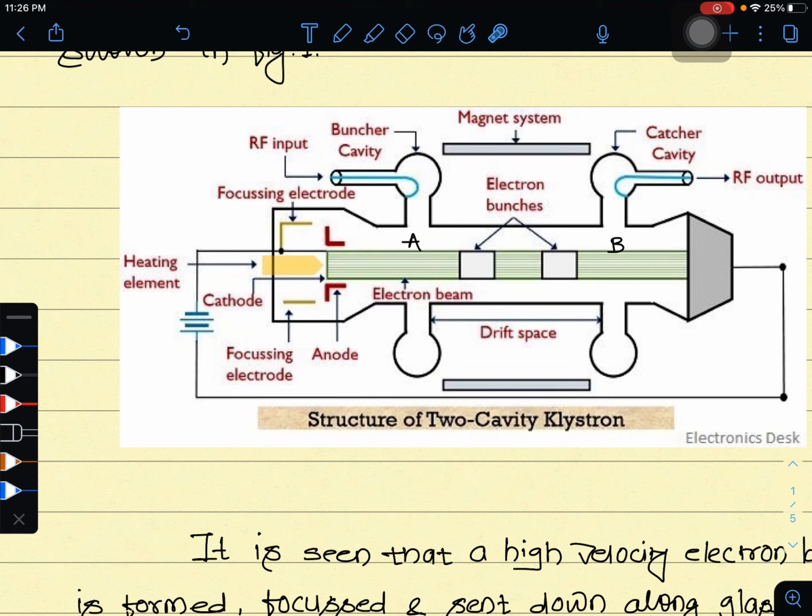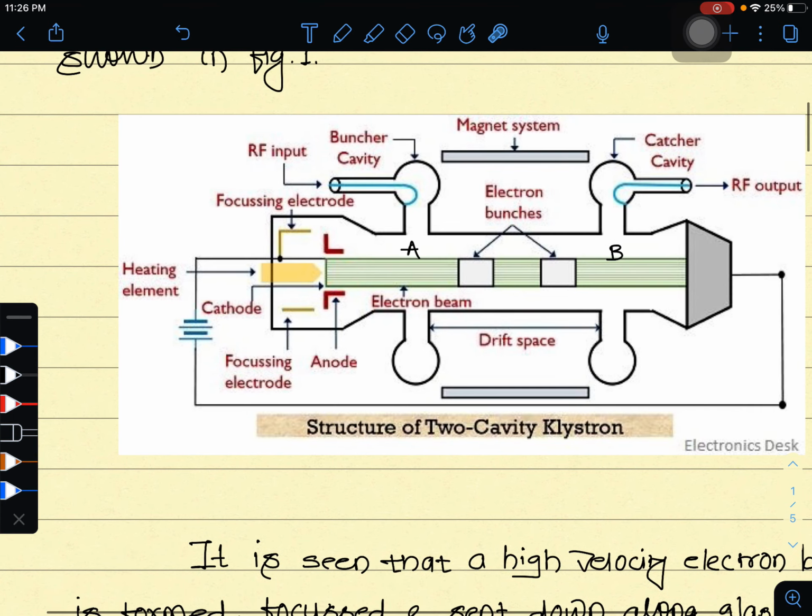However, the extent of this effect on any electrons will depend upon the voltage across the gap. And which voltage across this gap?